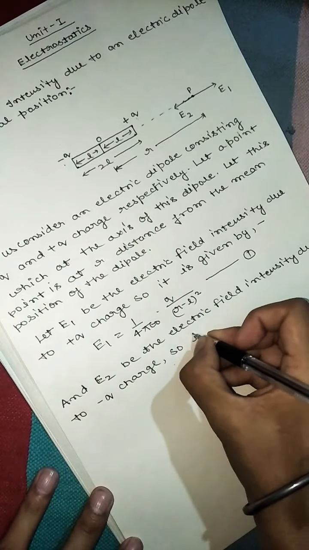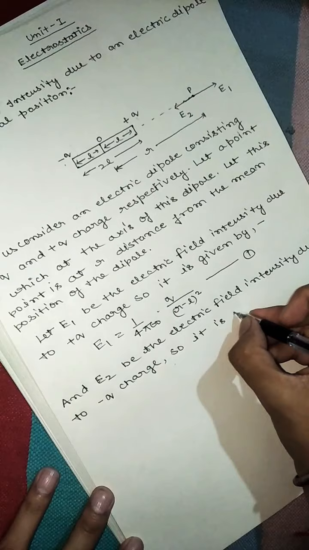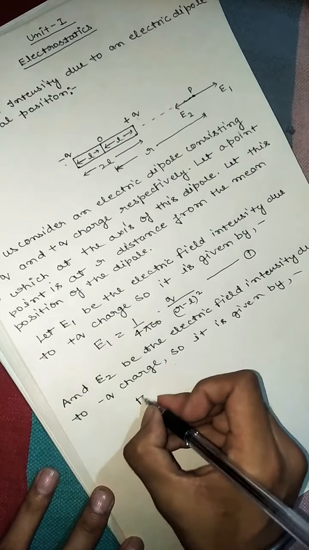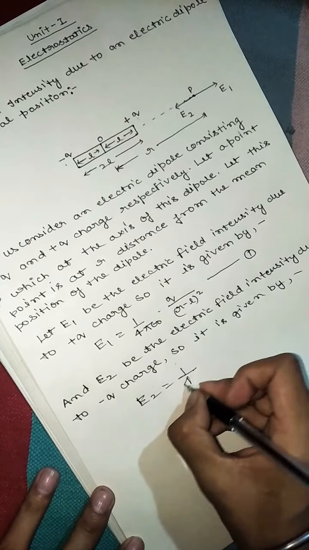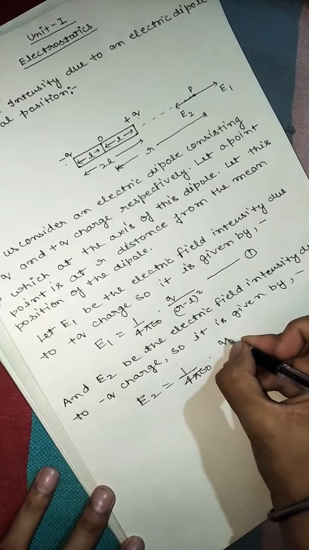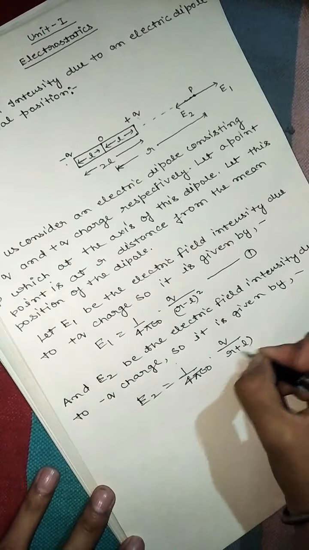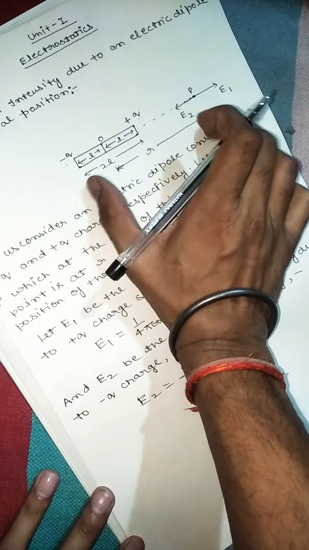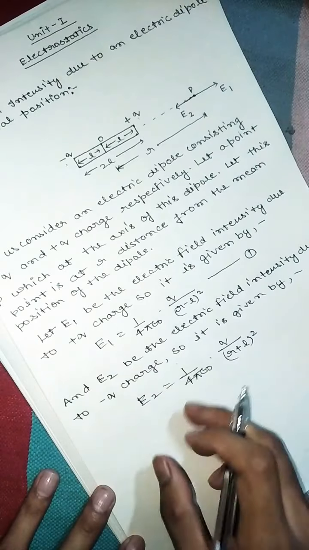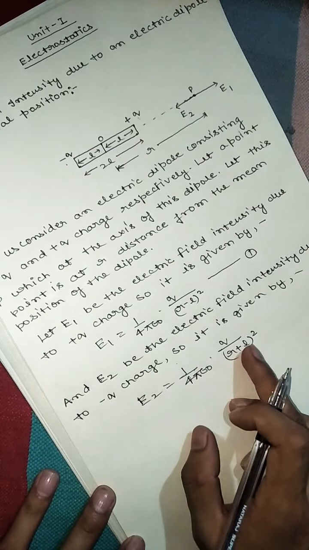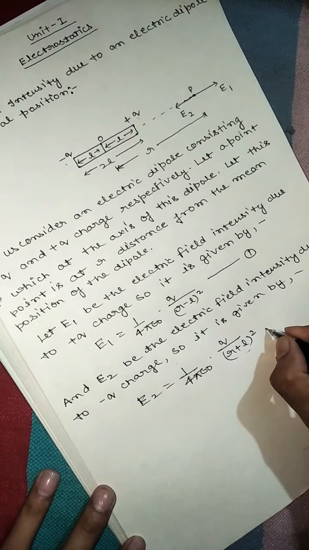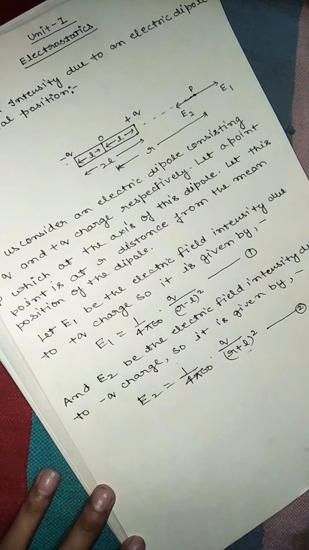It is given by E2 equal to 1 upon 4 pi epsilon naught q upon r plus l whole square, because from minus q charge this distance is r plus l. So we can write E2 is equal to 1 upon 4 pi epsilon naught q upon r plus l whole square. This can be taken as equation number 2.